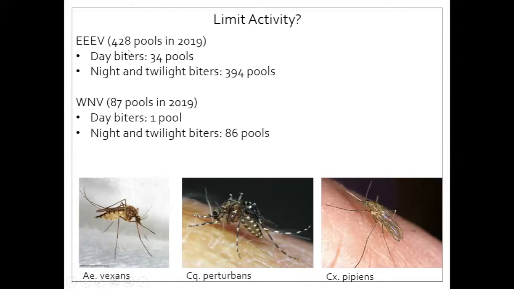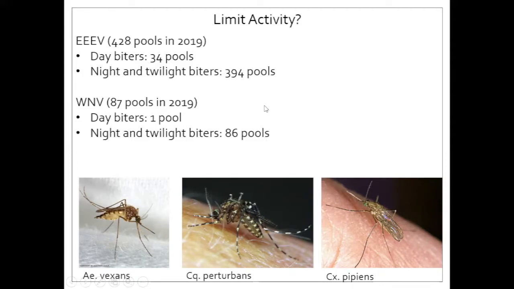In the case of Triple E, the day-biting mosquitoes were only 34 pools of the total 428 pools of mosquitoes. And for the night and twilight biting mosquitoes, there were 394 positive Triple E pools of the 428 pools in 2019. So that's just Triple E. And then for West Nile virus, there were 87 positive pools. One of those pools was day biters, but 86 were the night and twilight biters.